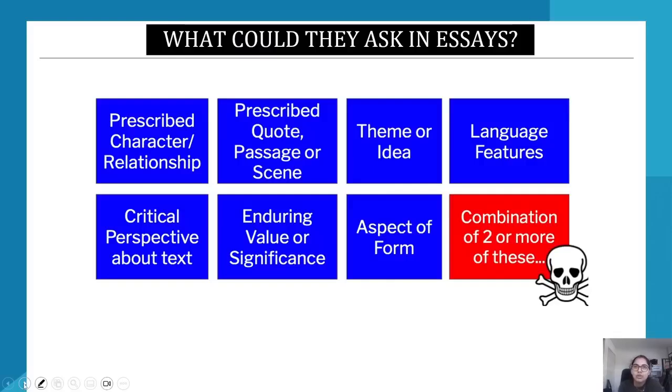It was like a common module style question where they gave you a stimulus, and you had to write a 15 marker piece inspired by the stimulus, and then you had to evaluate how the stimulus used language features to convey ideas about personal fulfillment.